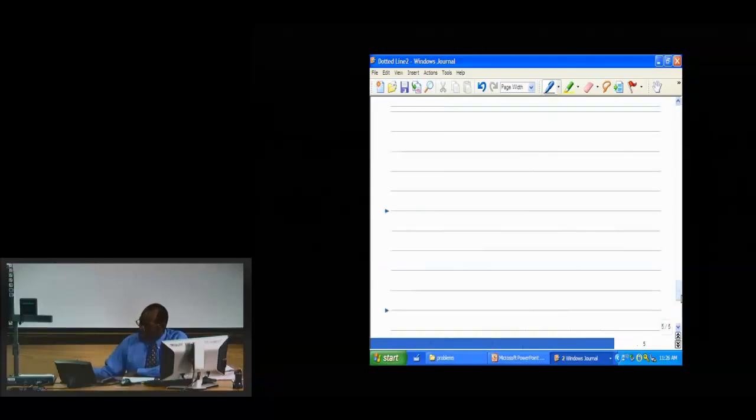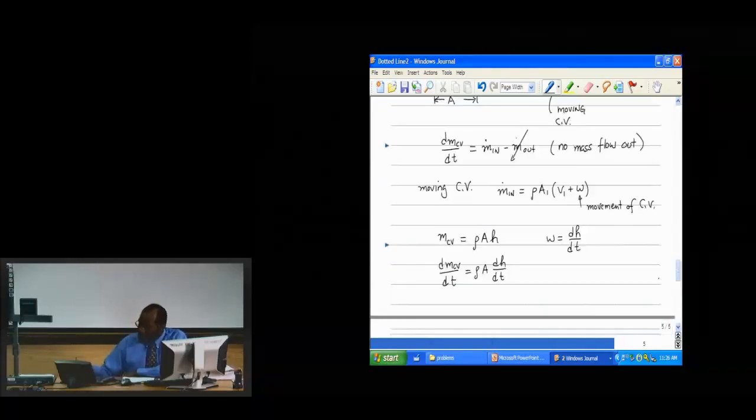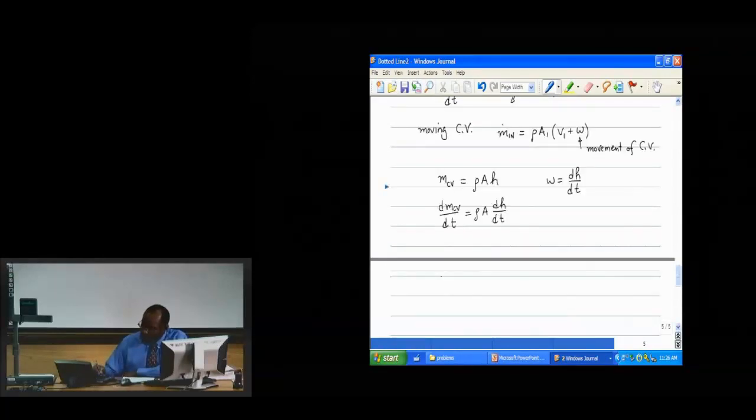And when we put our mass conservation relationship together, we get, okay, so I'm going to just write the two pieces. Rho A dH/dt, this is our overall dm_CV/dt, and we have rho A1 (V1 plus dH/dt) here.